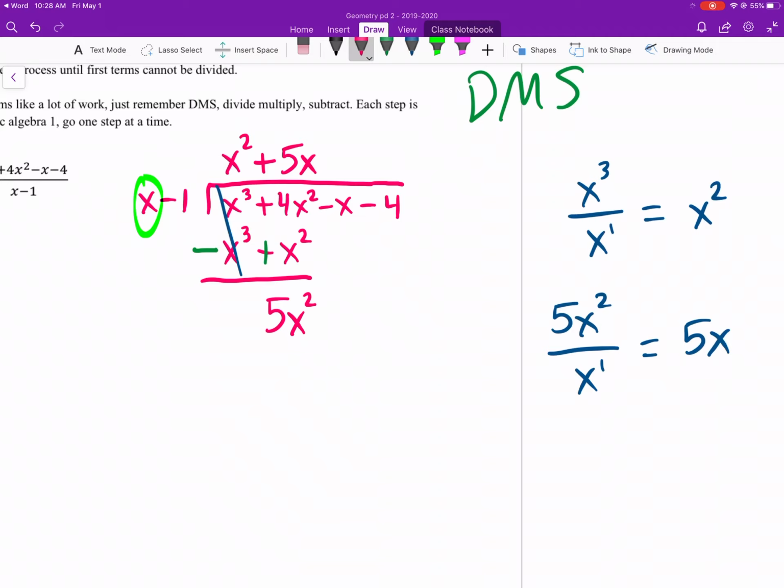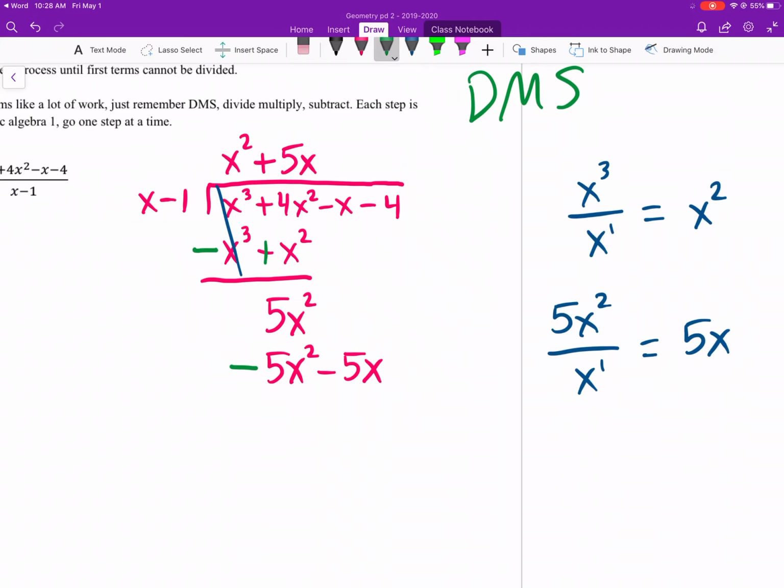Now you take that 5x, that was divide, now you multiply. 5x does not just get multiplied by the x, the first term, it gets multiplied by everything. All right, so 5x times x is 5x squared, and 5x times -1 is negative 5x. Now change your signs, because it's subtraction now. When I say subtraction, just change the signs, just like we did in the do now.